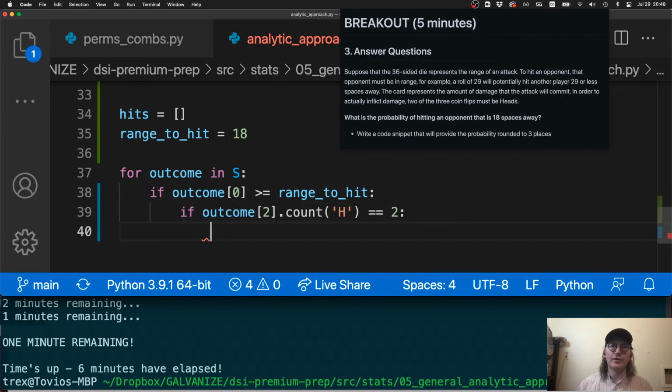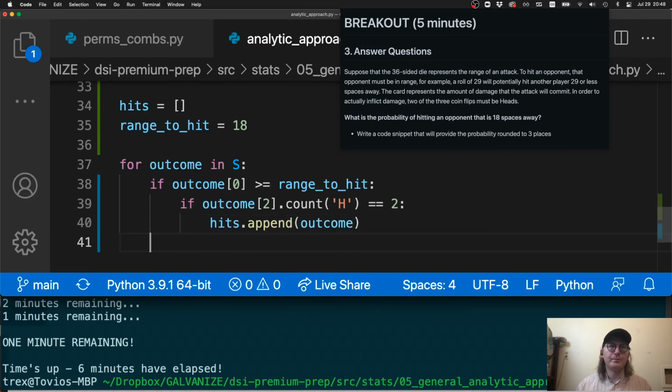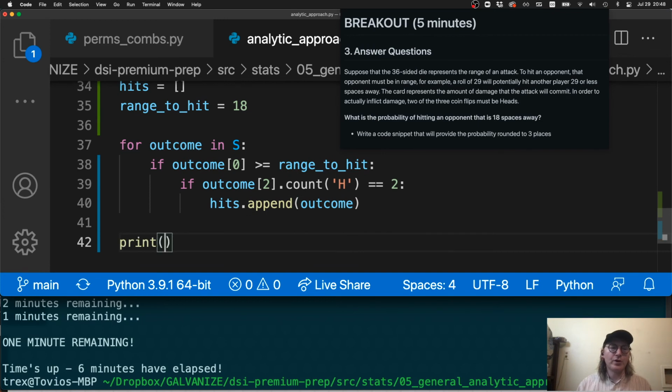Exactly 2 of the 3. If that's the case, then hits.append will append the outcome. And I'll just go ahead and print the length of the hits divided by the length of S. And I think in this case, it's a good idea to round this to 3 places.